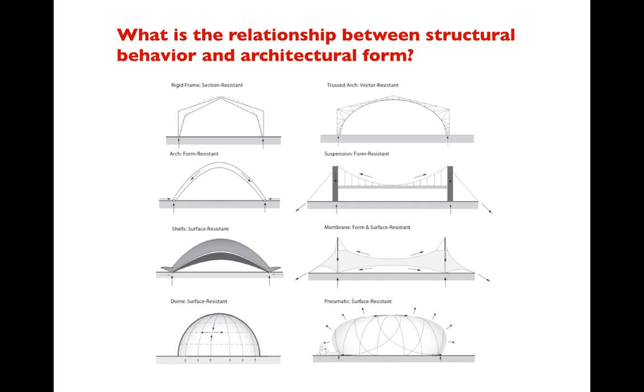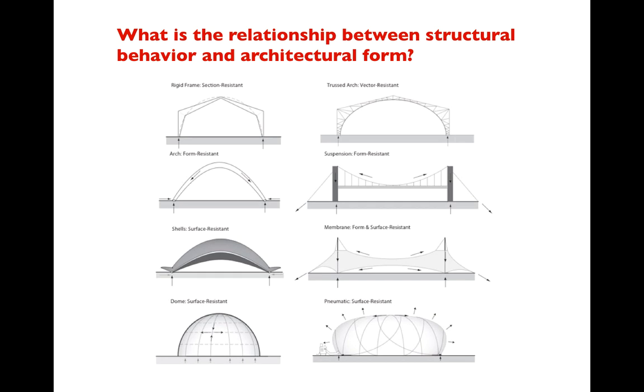We've talked in our coursework so far a lot about structural behavior and form, and we've looked at structural types based essentially on the shape that they take. So section-resistant structures that rely on the kind of cross-sectional area or distribution of that area.